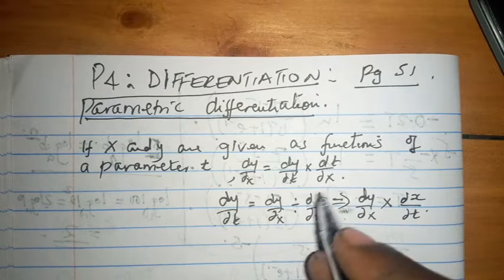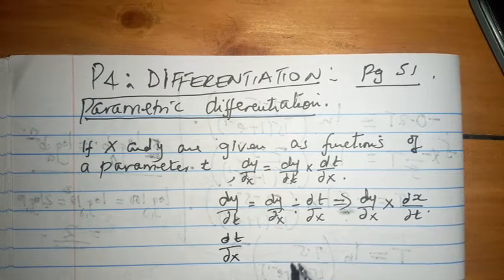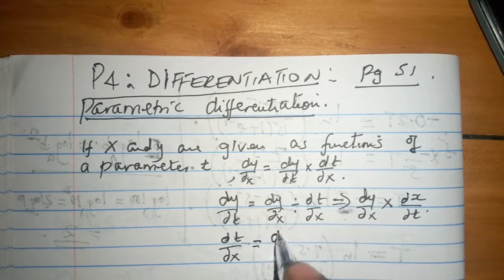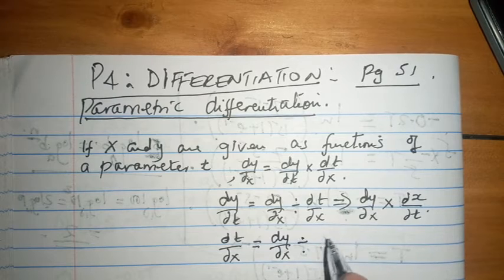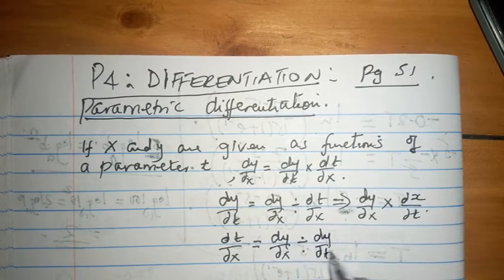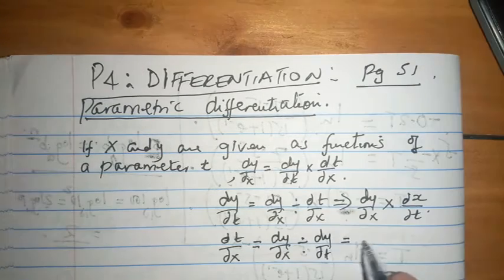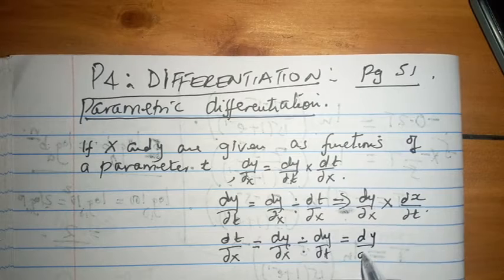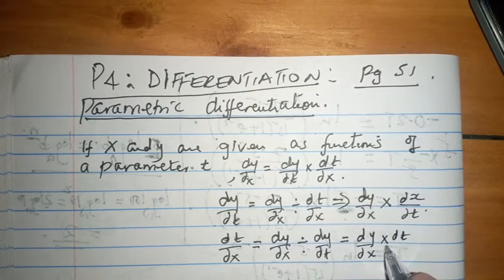For example, if we want to make dt/dx the subject, dt/dx is given by dy/dx divided by dy/dt, which is by extension dy/dx times dt/dy.